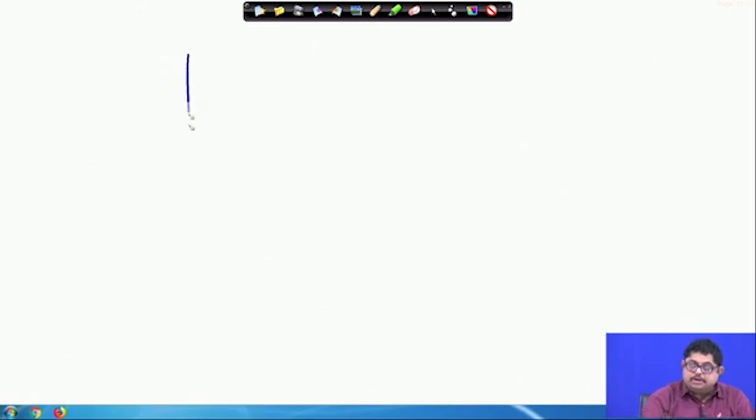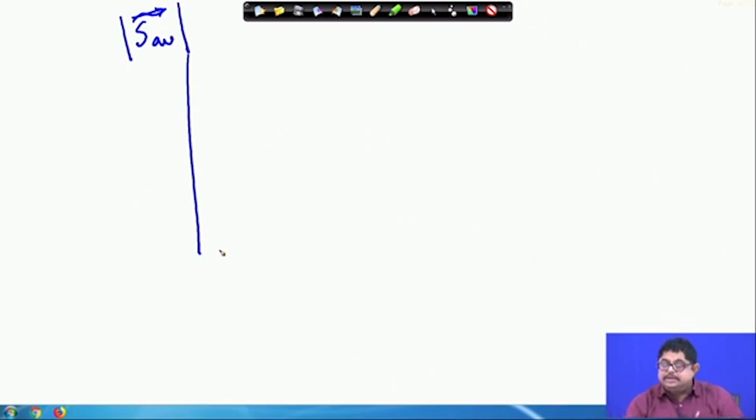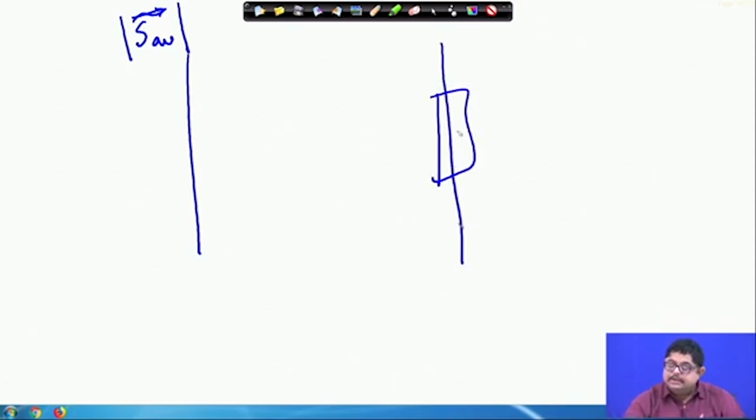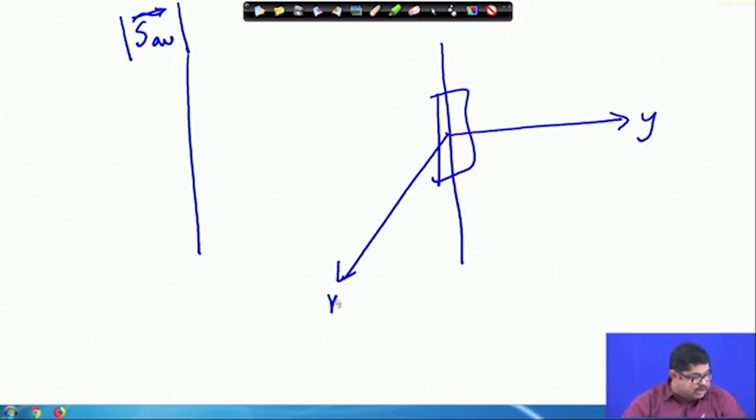So, we can plot the magnitude of S. Suppose we have x, y, z coordinates. This is our current element. Now, let us say this is our y axis, this is our x axis, this is our z axis, and in these 3 dimensions we will plot S average.